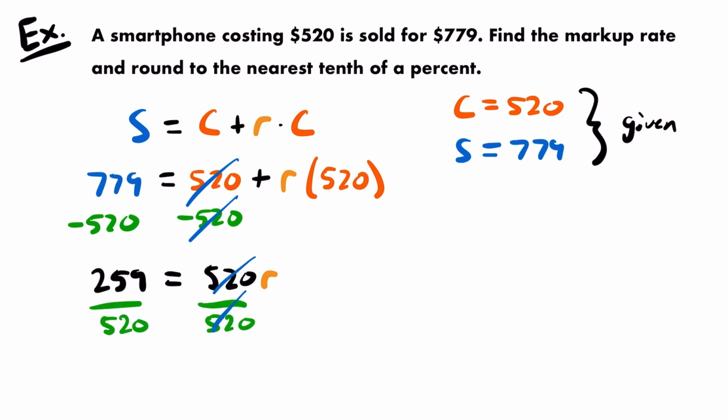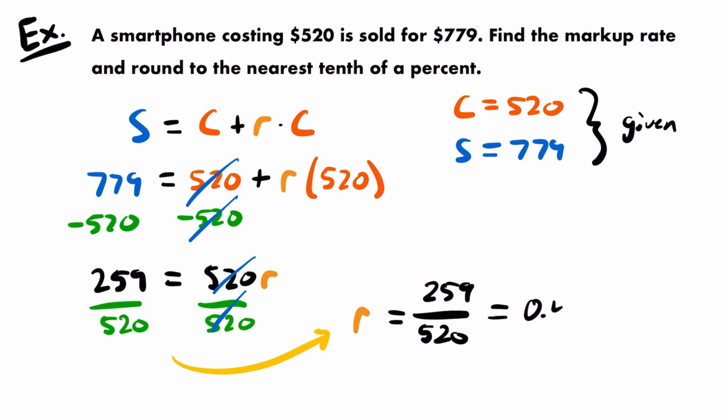These will cancel out, and you'll just have that R is equal to 259 divided by 520. All right, now that is not a calculation that we can do easily by hand. So just like with the previous example, I would recommend that you plug this into a calculator, 259 divided by 520. If you do that, what you'll get for R is the following decimal.